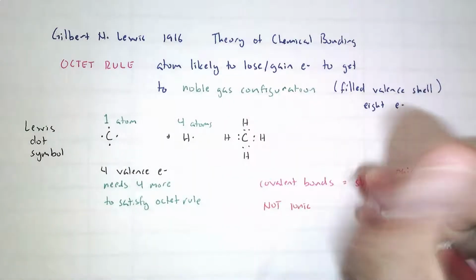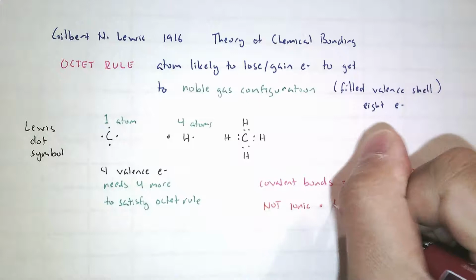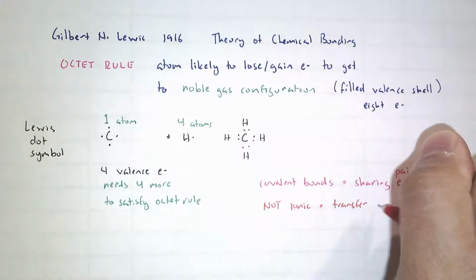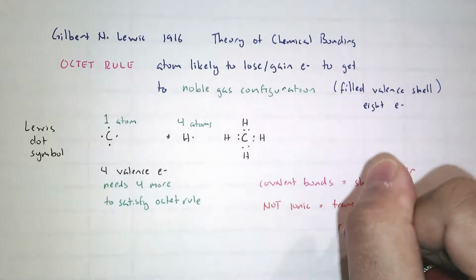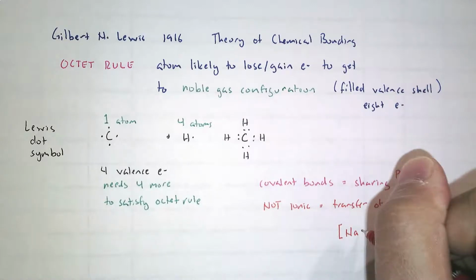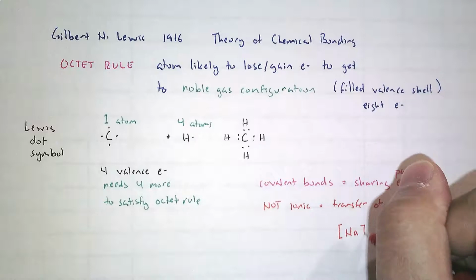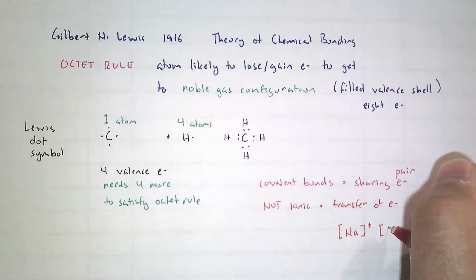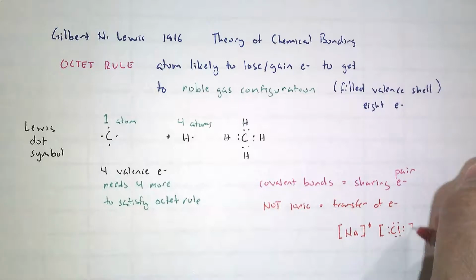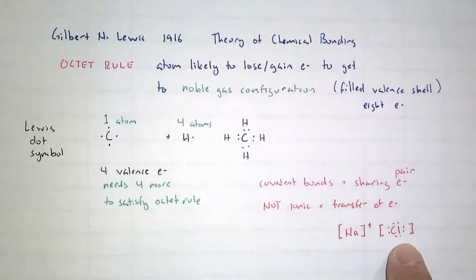We know that as the transfer of electrons to get ions. For instance, in sodium chloride, the sodium's 1 valence electron is given up to chlorine, which wants to gain an electron to have its octet shell filled. So this is ionic bonding. This is covalent bonding.